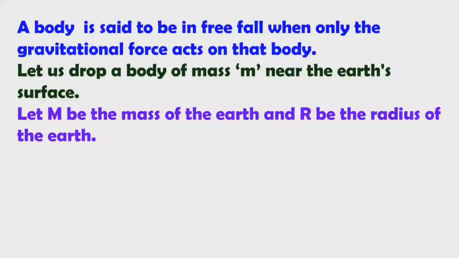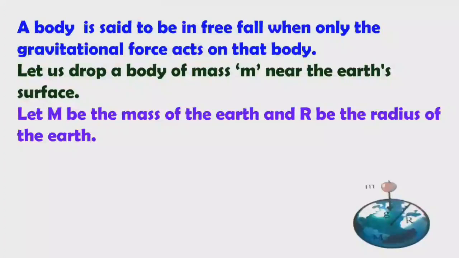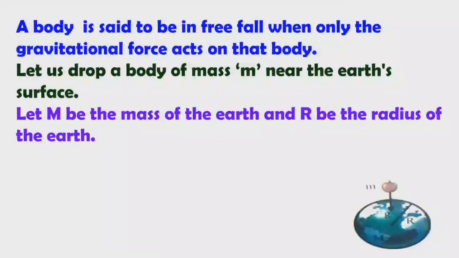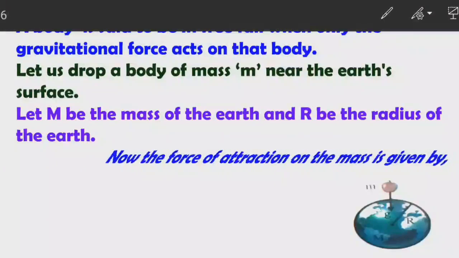Small m is the mass of the body. Here we can see an apple. The mass of the apple is small m, the mass of the earth is capital M, and the radius of the earth is capital R.